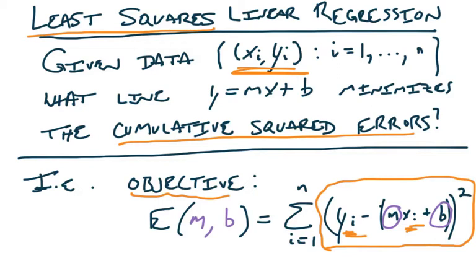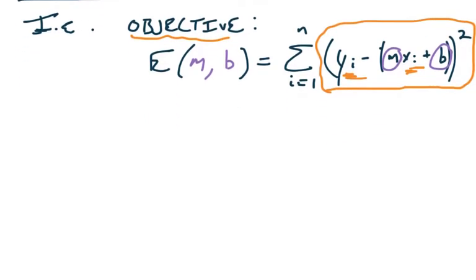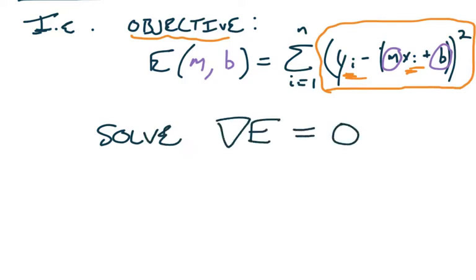Right, so those are the variables that E depends on. And so the idea here is that we want to minimize this objective function. So what we really want to do is solve gradient of E equal to 0. And again, if you think about it for a little bit, this is exactly what should happen in Lagrange if you don't have a constraint. We don't have a constraint here.